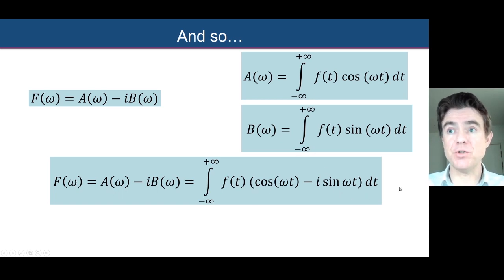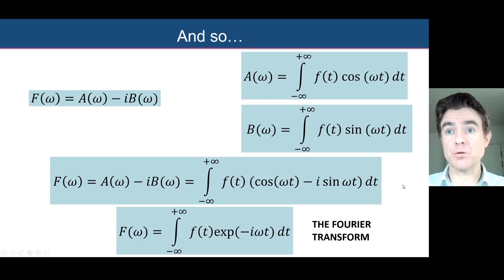And then if we work that through, this is immediately recognizable as the Fourier transform, because Euler's expression says that e to the minus I omega t is going to be cos omega t minus I sine omega t. Sine is an odd function, cos is an even function. And so this is now the very well-known expression for the Fourier transform, and I hope you've been convinced that this is now directly relatable to real valued functions, as I've been demonstrating at length.